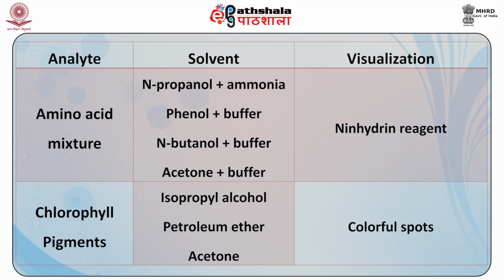The visualization reagent is ninhydrin. Next are chlorophyll pigments. The solvents used for their separation are isopropyl alcohol, petroleum ether and acetone, and the visualization reagent will be their own colorful spots.